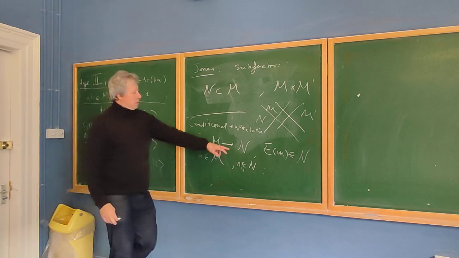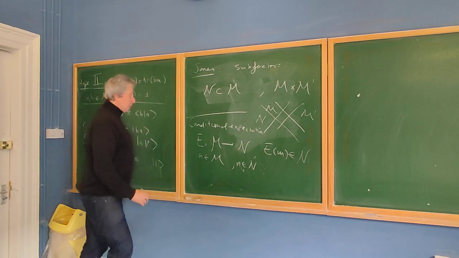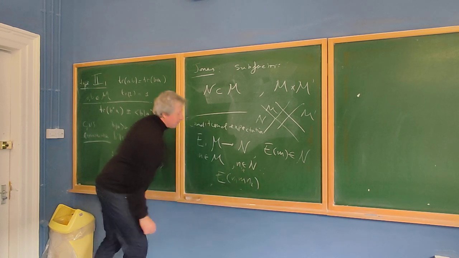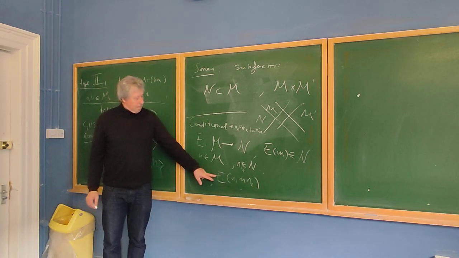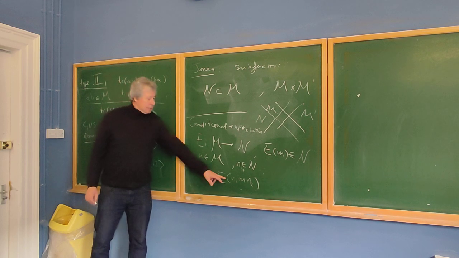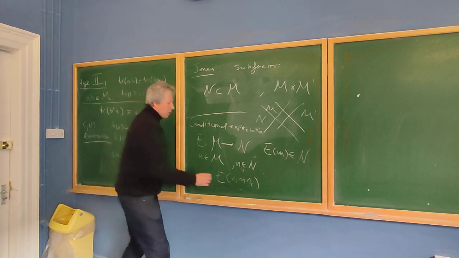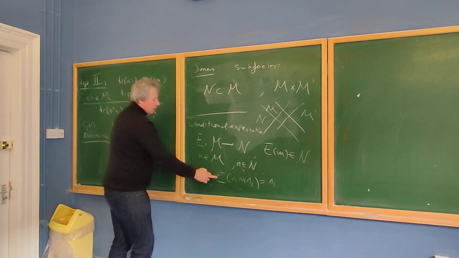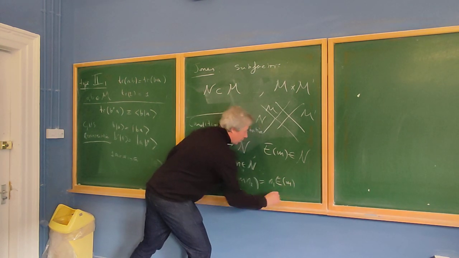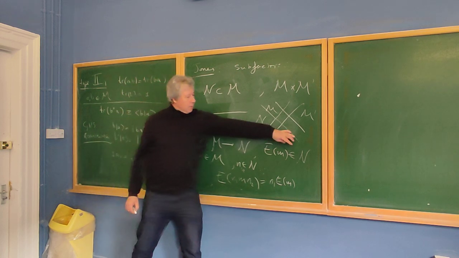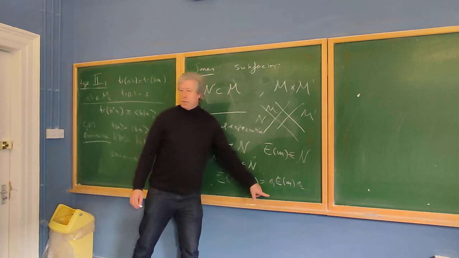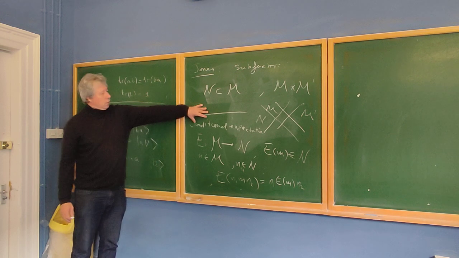Because the property that this conditional expectation has to satisfy is that when I evaluate this product, these are elements already of N. This m, of course, is not, but the rule is that I can apply E to m, and then I have an element of N, and I simply multiply that element either on the left or on the right with the element of N. So this is a property that we call a conditional expectation.